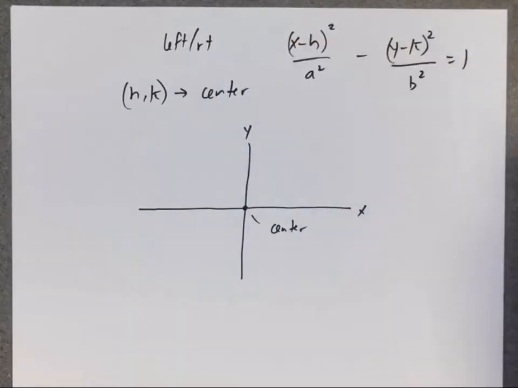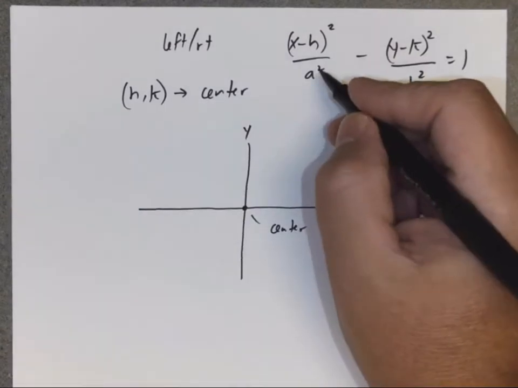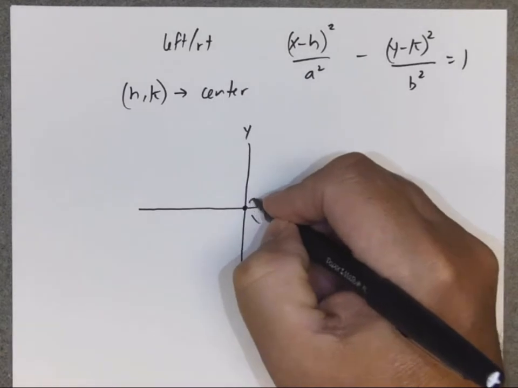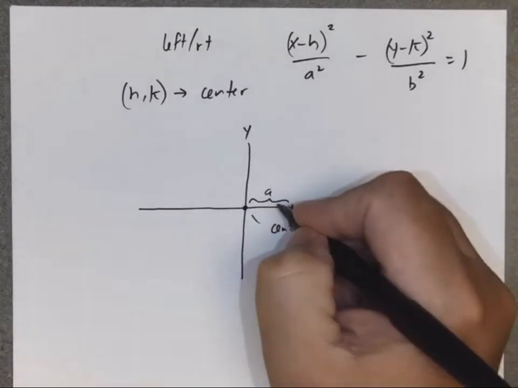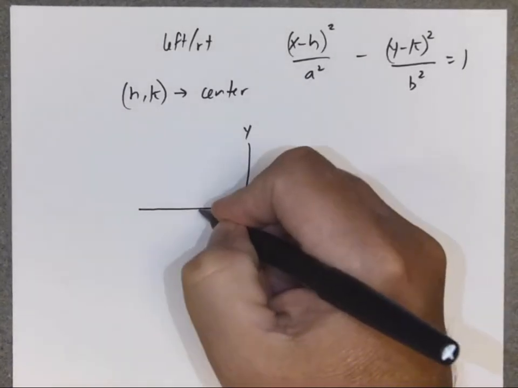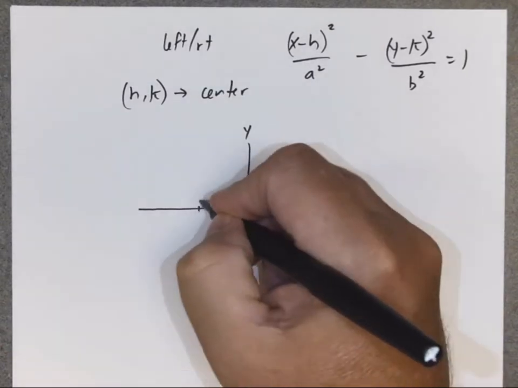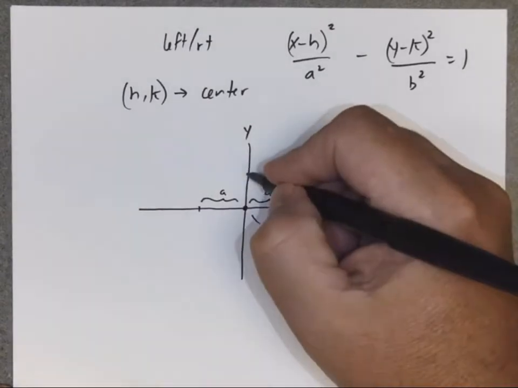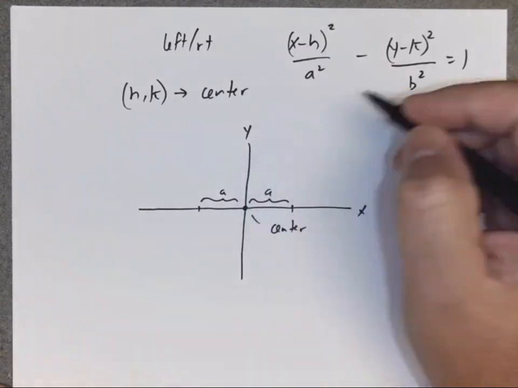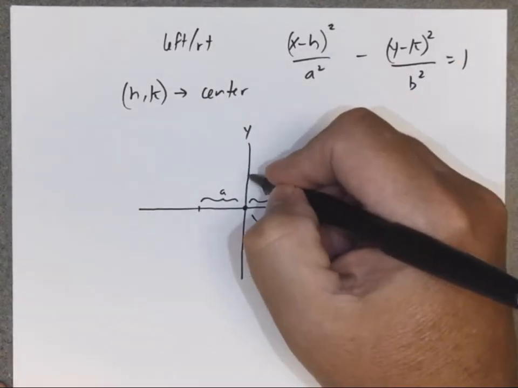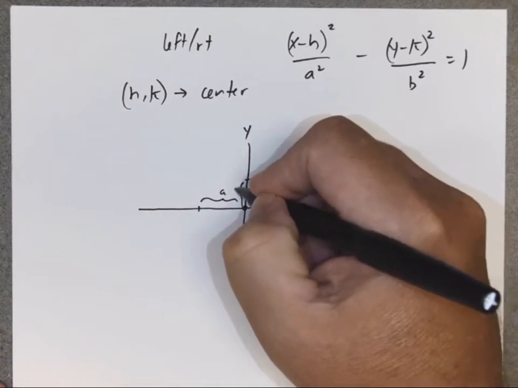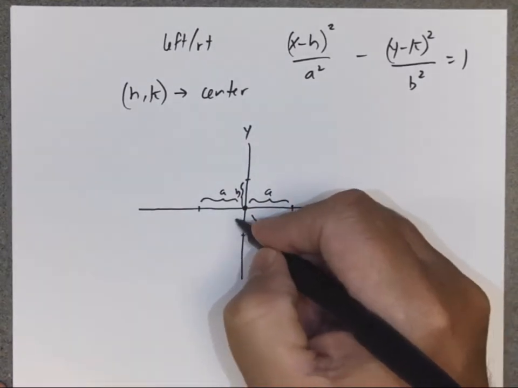Now, since I know this is a left or right hyperbola, I'm going to move a distance a, both in the positive and negative direction. And I'm going to move, in this case, up and down a distance b.